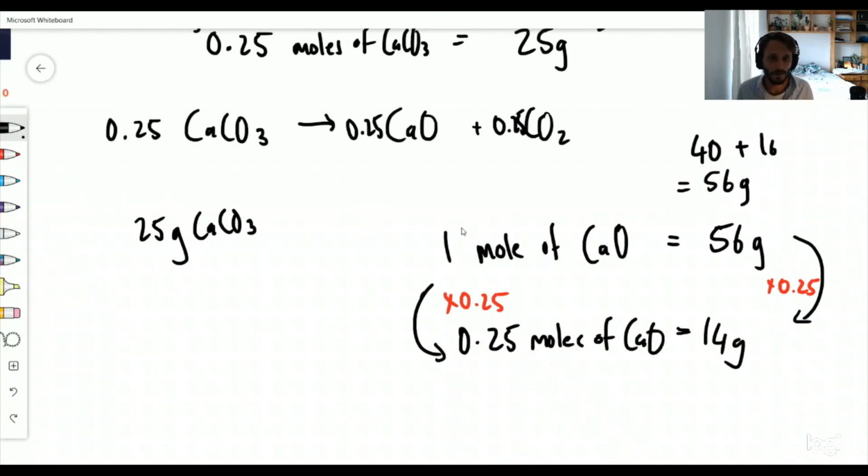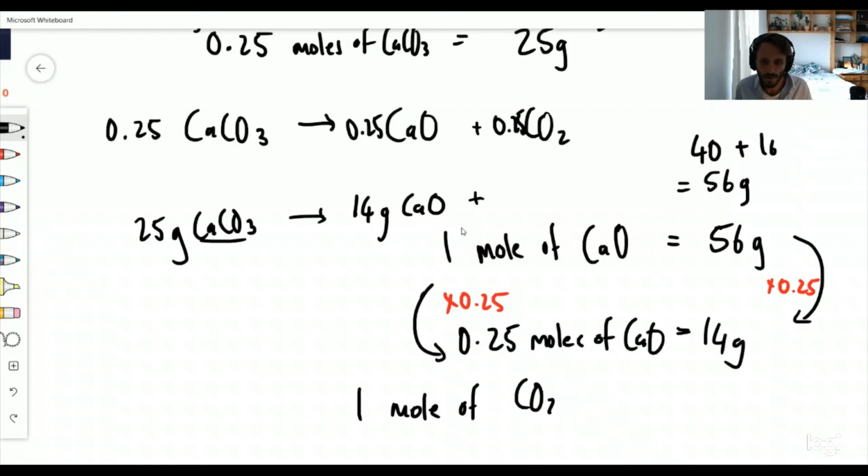So if we go back to this equation, 25 grams of calcium carbonate is going to make 14 grams of calcium oxide. You can't just say it's also going to make 14 grams of carbon dioxide, because you need to work out what 1 mole of carbon dioxide weighs.